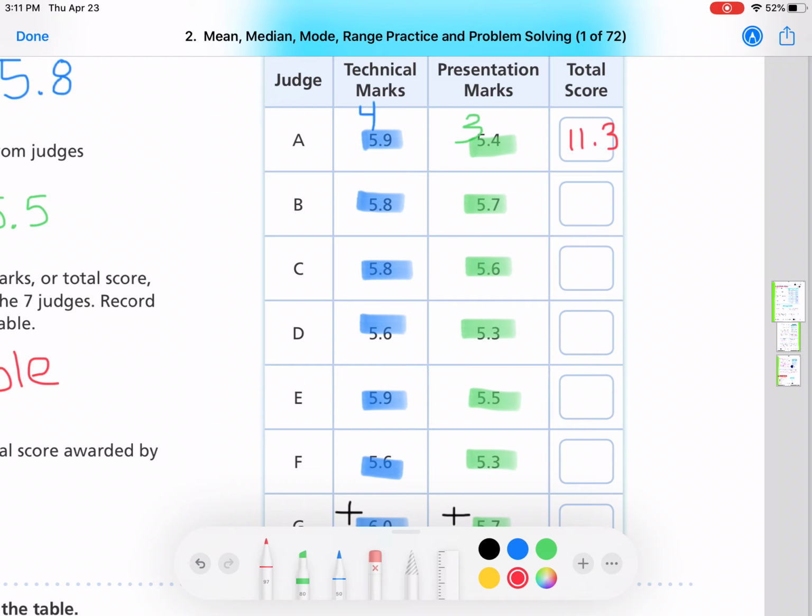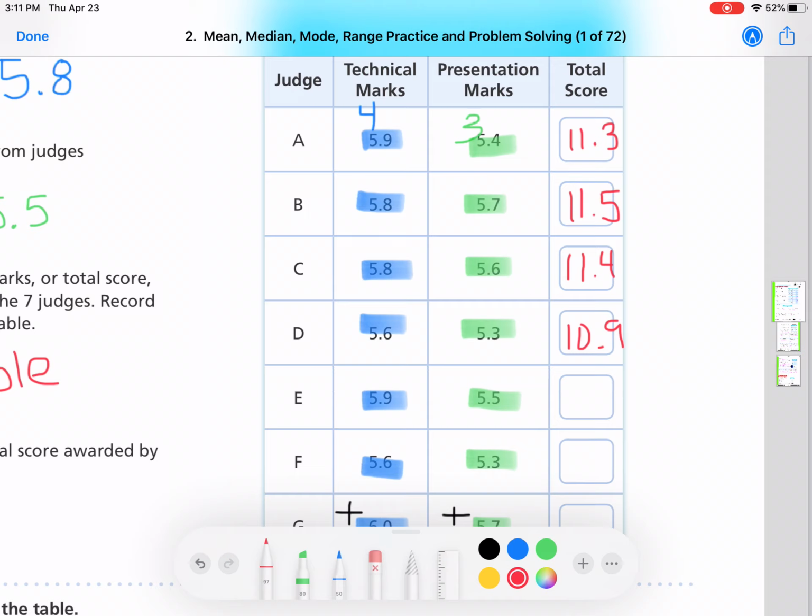11.3. And then for B, 5.8 plus 5.7 is 11.5. C, 5.8 plus 5.6 is 11.4. D, 5.6 plus 5.3 is going to give us 10.9.